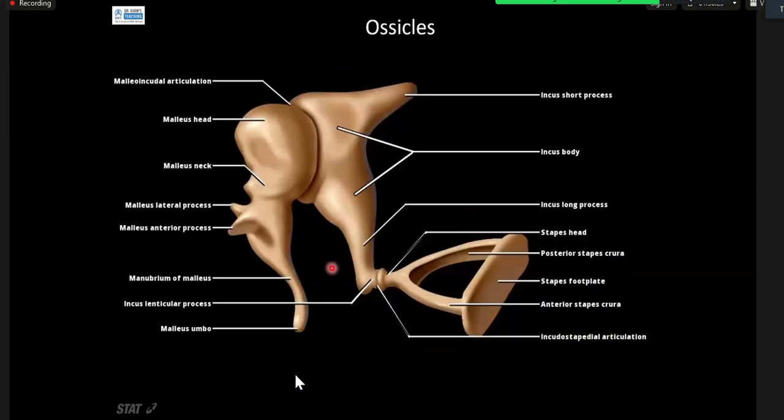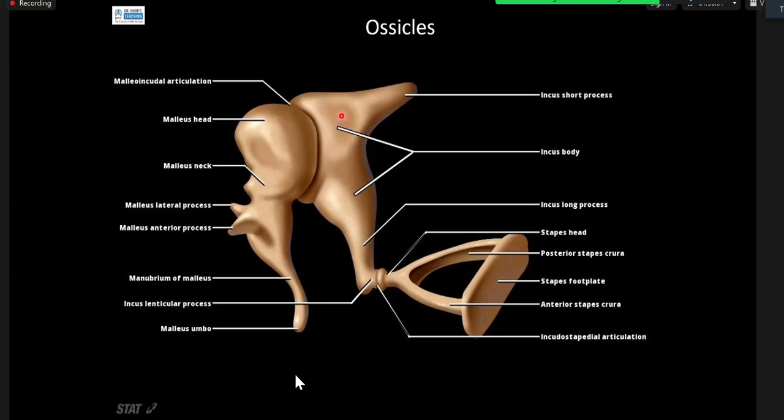Coming back to the ossicles. We have got three ossicles, and a portion of them are in the mesotympanum and a portion of them are in the epitympanum. This portion of the malleus is attached to the tympanic membrane. Then the neck goes superiorly, and the head is sitting in the epitympanum. The second bone is the incus.